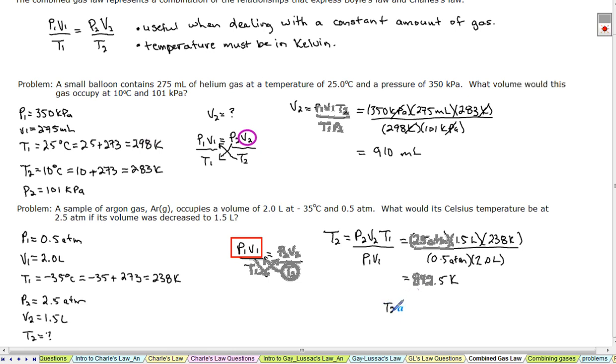So T2 is going to be 892.5 minus 273. Remember, whenever we convert from Celsius to Kelvin we add, so we always subtract the 273 to go from Kelvin to degrees Celsius.